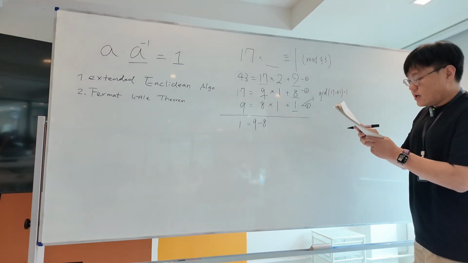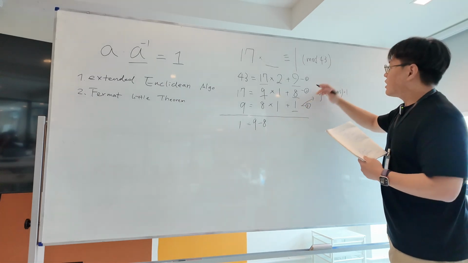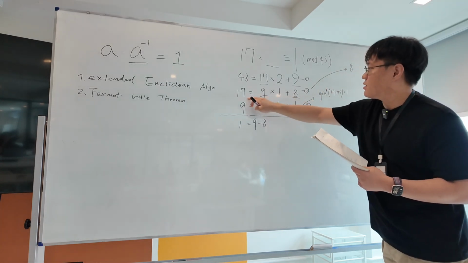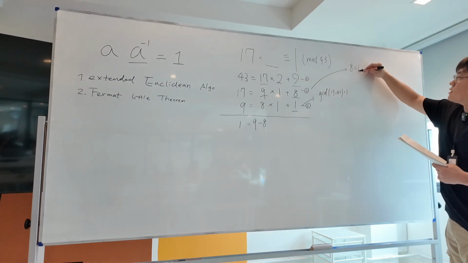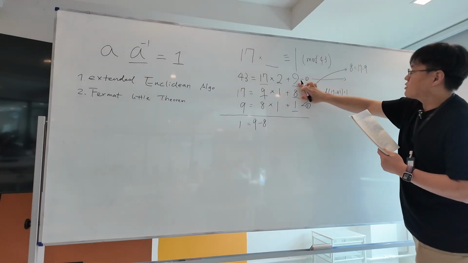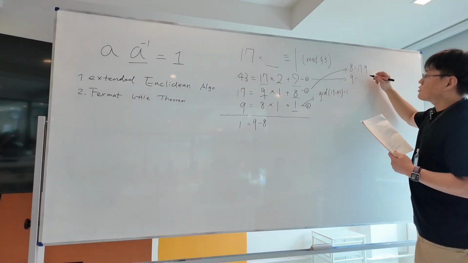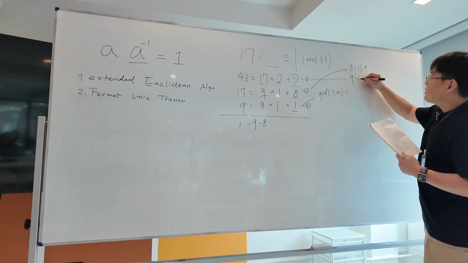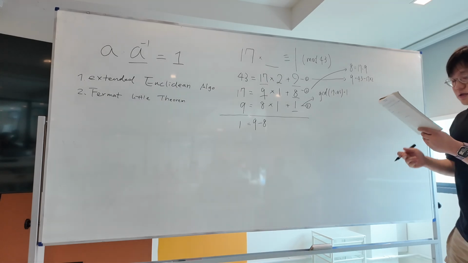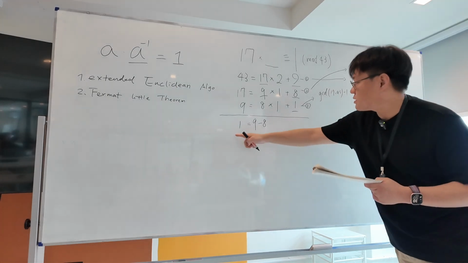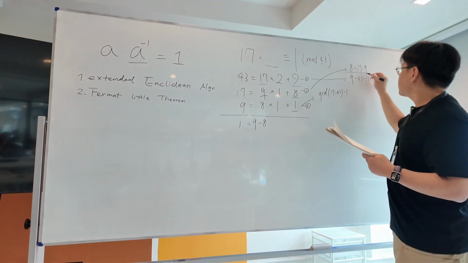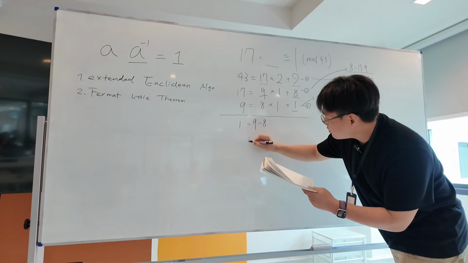We can use the second one to calculate 8, so we just put 9 here. So 8 equals 17 minus 9. And for the first one, we also want to calculate 9, which equals 43 minus this. All right. Now we can replace 8 using this.